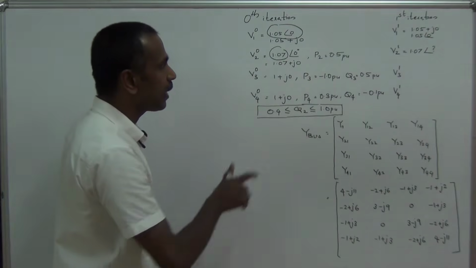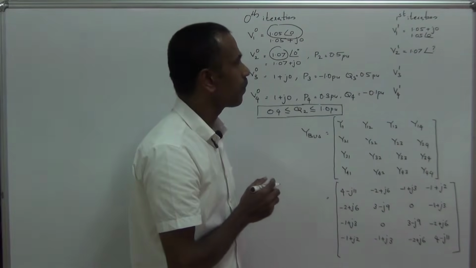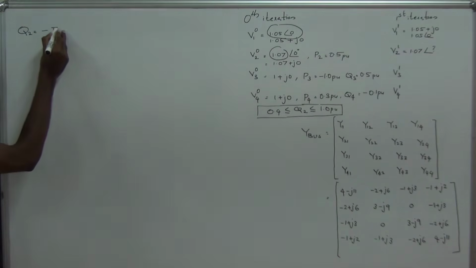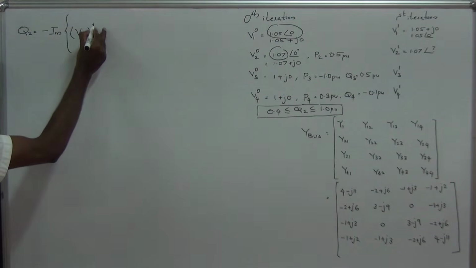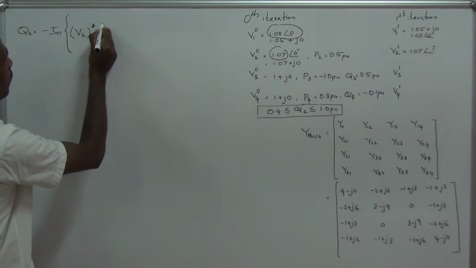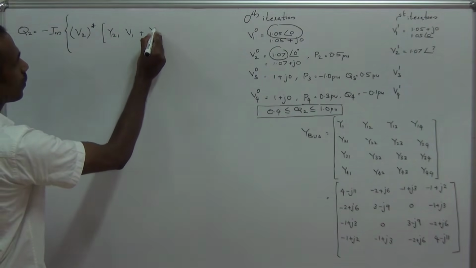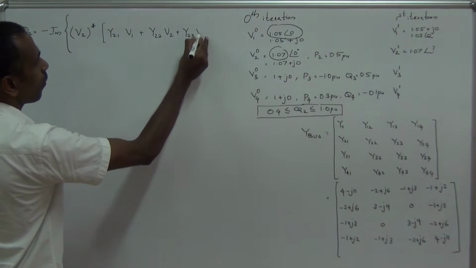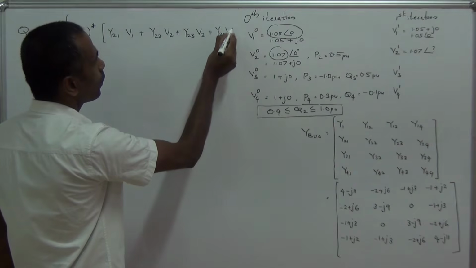Now let us find out the reactive power of the second bus in order to find out the bus voltage V2. The reactive power Q2 equals minus imaginary part of V2 conjugate into Y21 V1 plus Y22 V2 plus Y23 V3 plus Y24 V4.